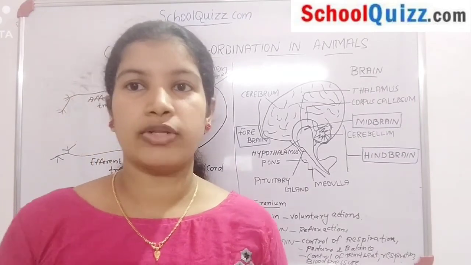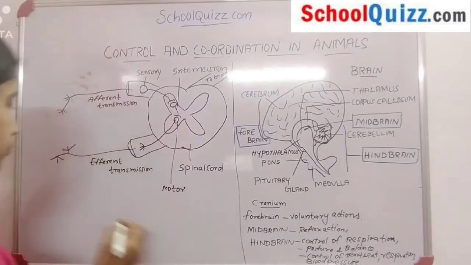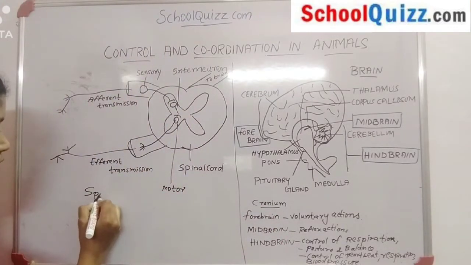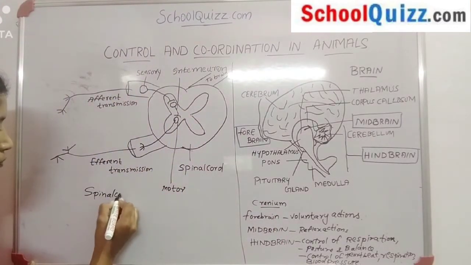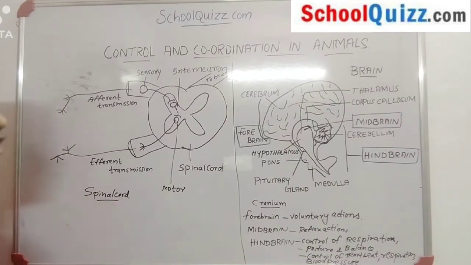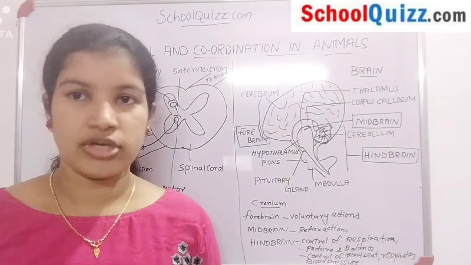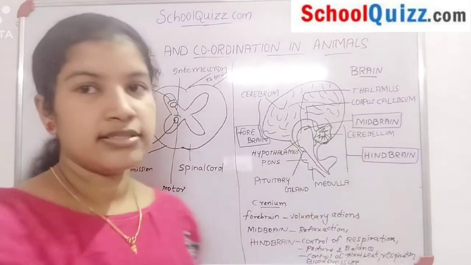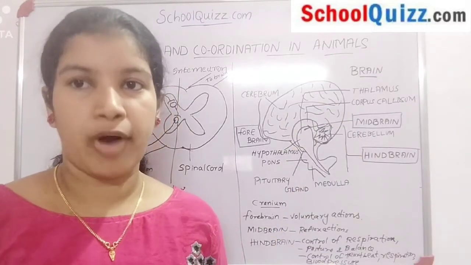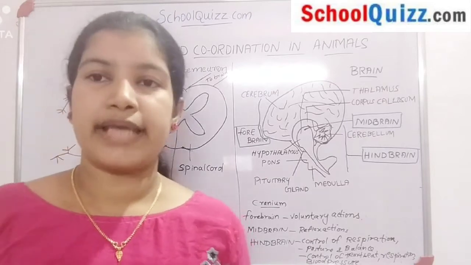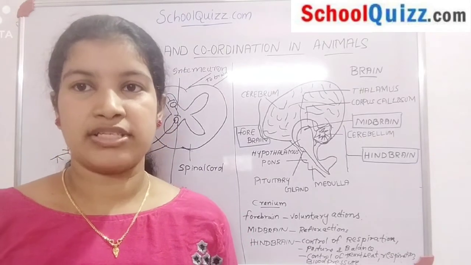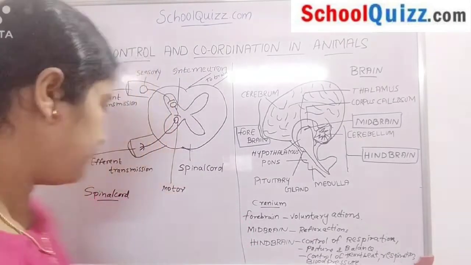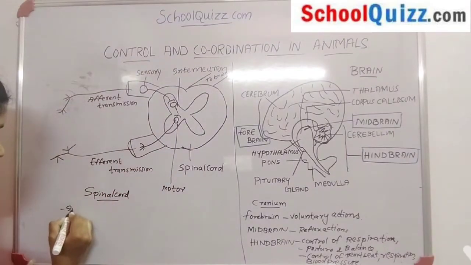Then let's see about the spinal cord. It is a cylindrical structure which arises from the medulla and extends down throughout our body. It is kept inside a bony cavity called the vertebra.